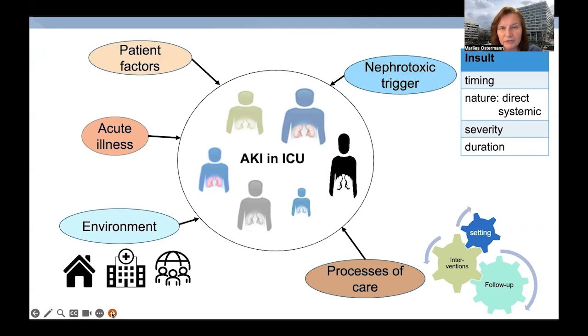So patient-related factors, genetic factors, chronic and acute comorbidities, but also the way we look after them and the adjunctive therapies offered and applied to patients. And it obviously depends on the form of nephrotoxic insult, the severity, duration, and frequency.